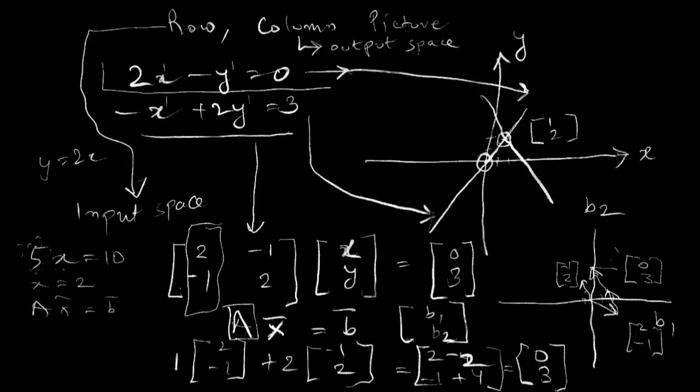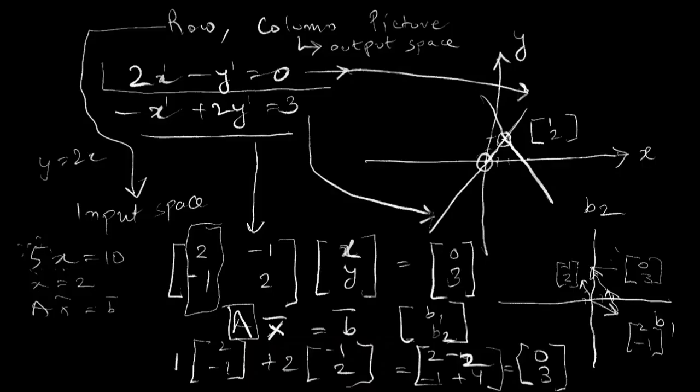So all this is possible because we are converting a system of simultaneous equations into this matrix form, and this matrix is that machine of linear transformation.